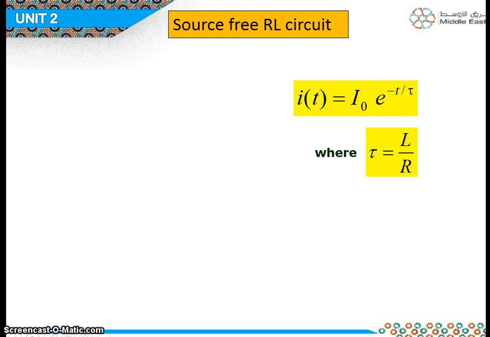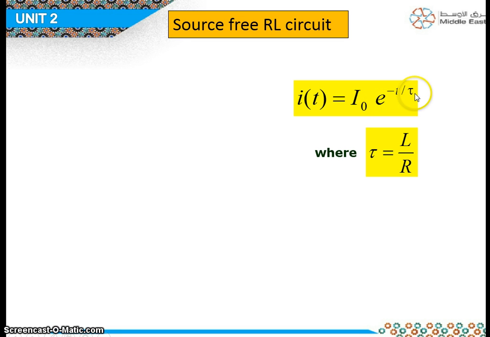In this circuit as well, we have the term called the time constant. This time the expression for the time constant is different. In terms of L and R, tau is equal to L over R. And with that substitution, if you look at the equation for current, it is now in a similar format as that of voltage across a capacitor.